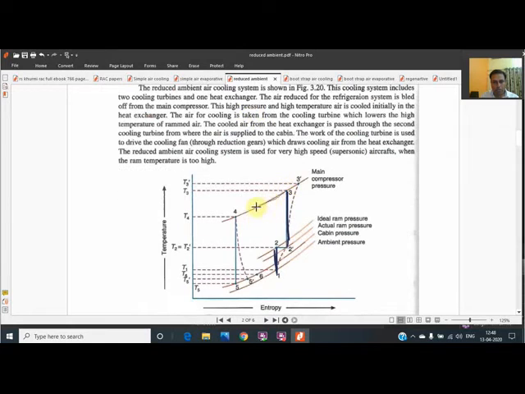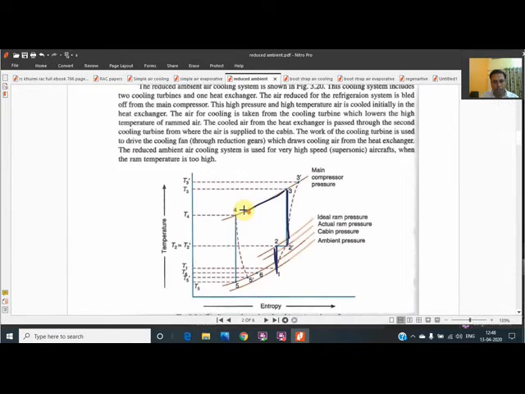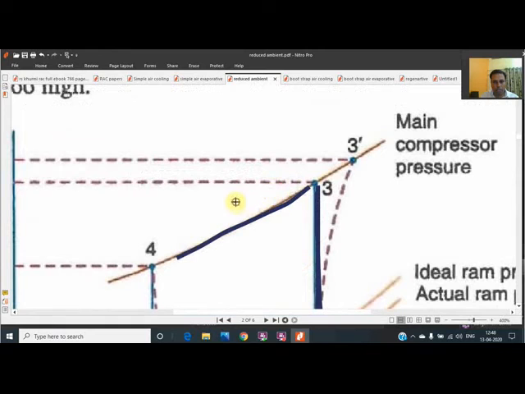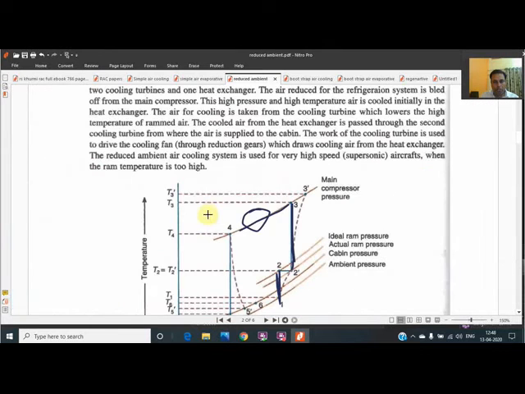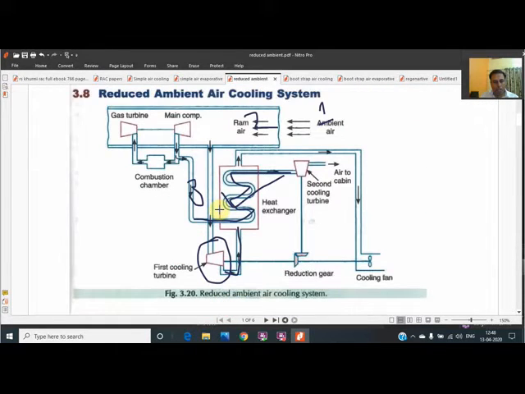This is also shown. But how the cooling process is carried out is shown to you. This is carried out by reduced ambient air. What used to happen in this? The air which is being shown is being cooled. This ram air, ambient air at reduced pressure, is being used.